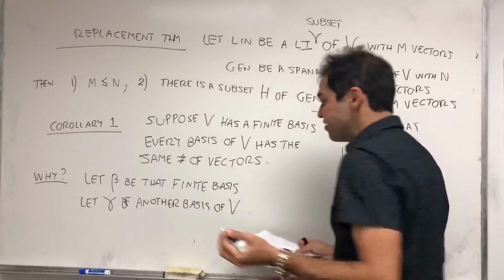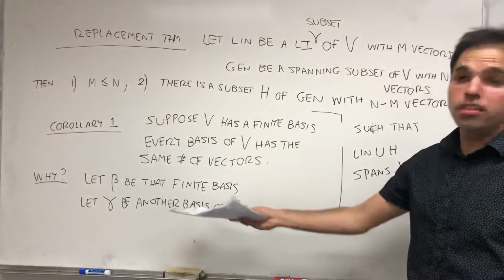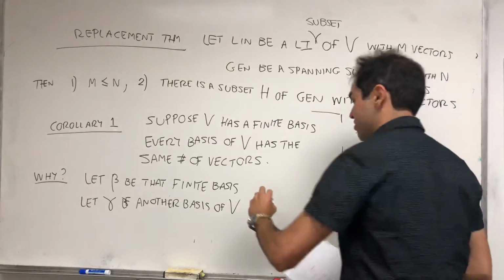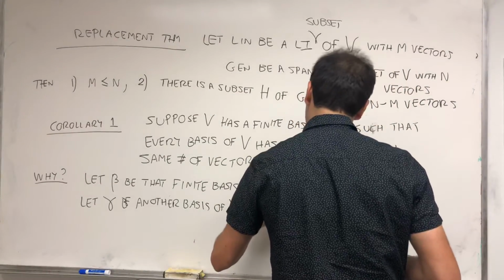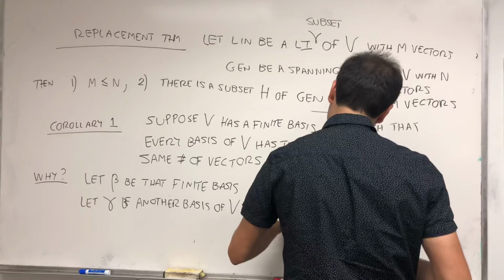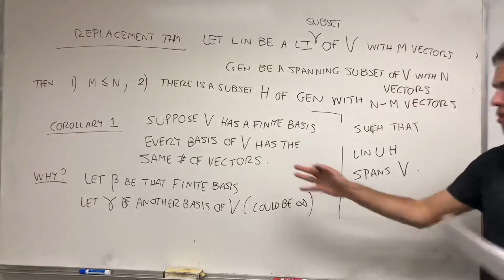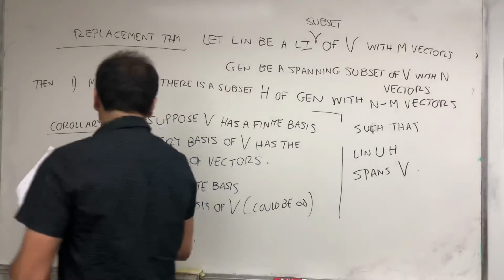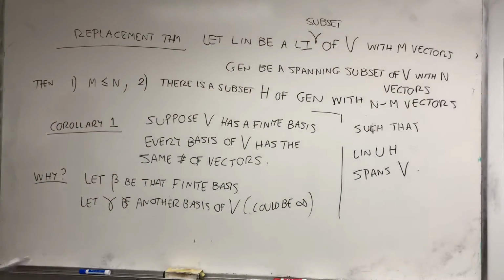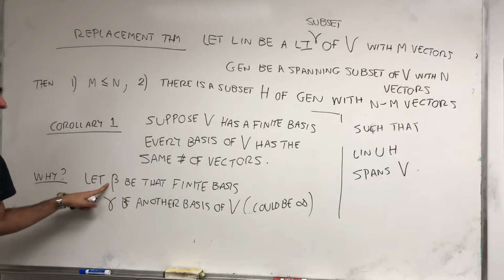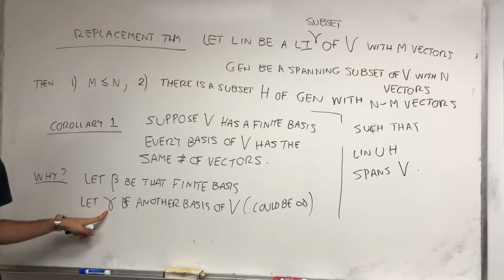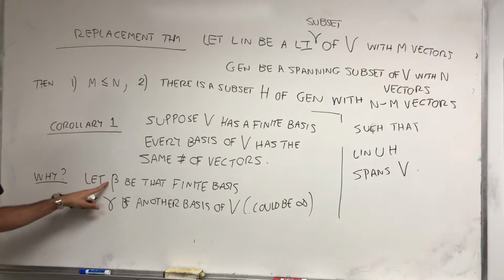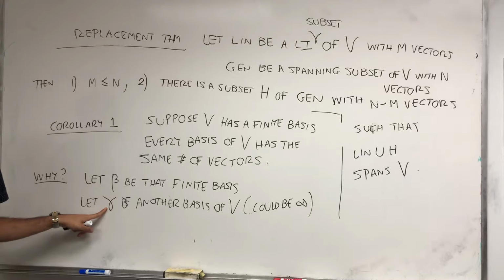And it's possible, very important, it's possible that gamma could be infinite. We never said that the other basis has to be finite. And what's the idea? It's really cute. Well, beta is linearly independent. Gamma must span, again, by definition of a basis. So beta must have fewer elements than gamma.